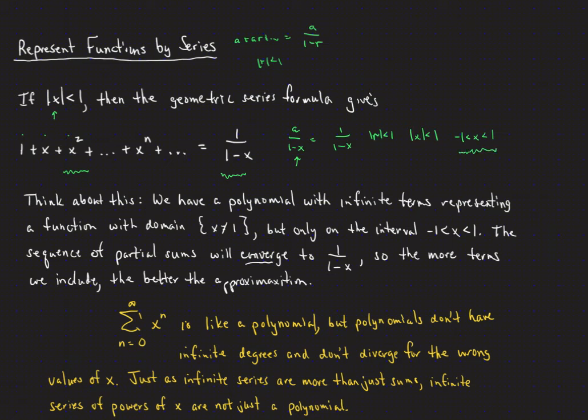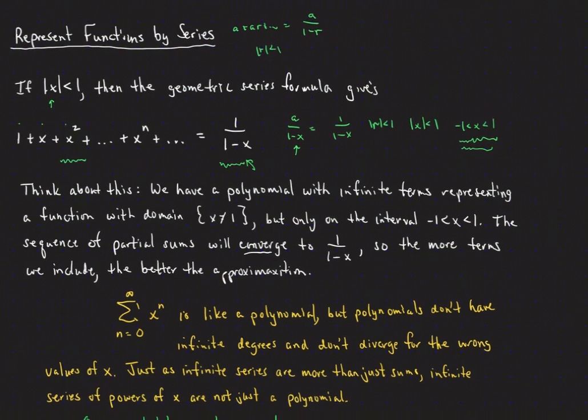The function itself is actually defined everywhere except for 1, but our approximation, our polynomial, is only valid between negative 1 and 1. The sequence of partial sums will converge to that, so the more terms we include, the better our approximation.